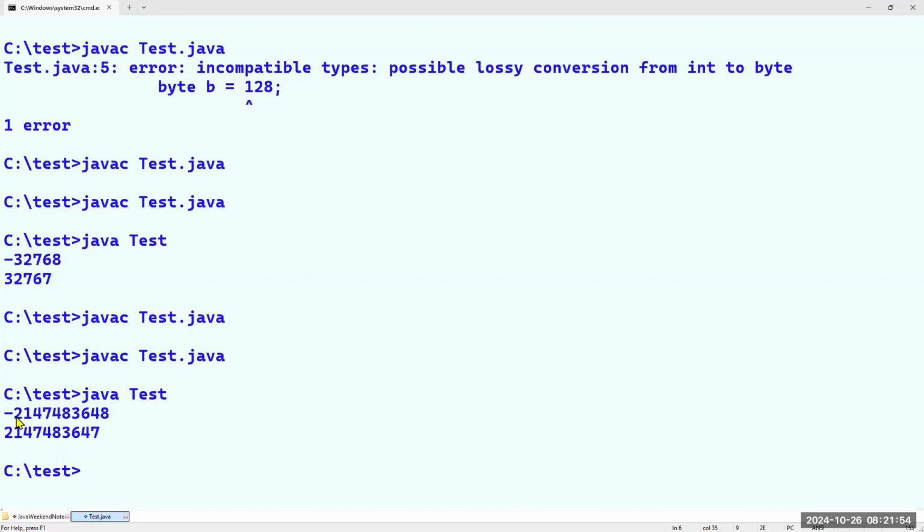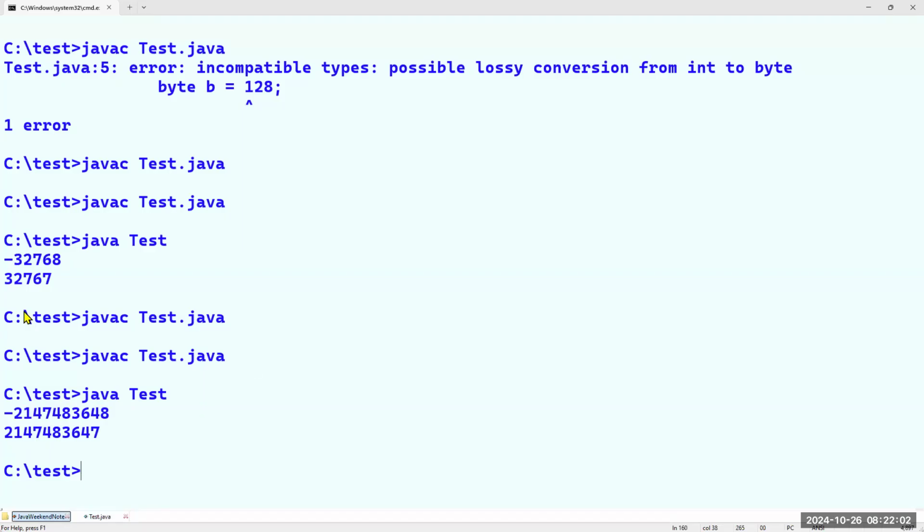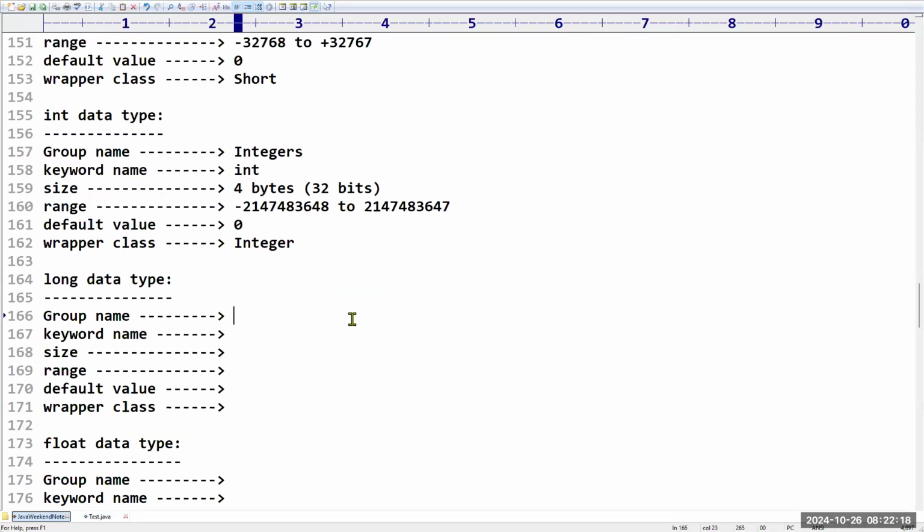You can see minus 2147483648 is the minimum value, and 2147483647 is the maximum value. What about default? 0. What is the wrapper class name? It is not int. We have to type the full name, Integer.